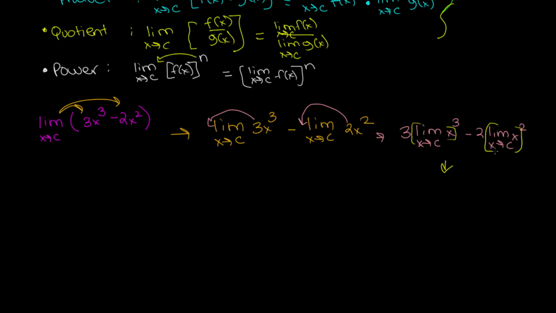So that'll essentially give us this basic unit, the limit of x as x approaches c, which we know is just equal to x. So basically just showing the work here, we'll have the limit of x, cubed, minus 2 times the limit of x, squared.